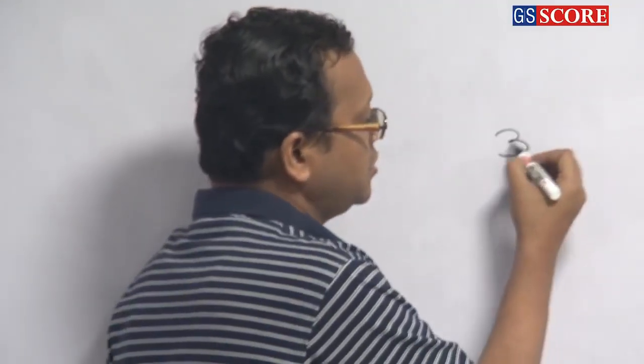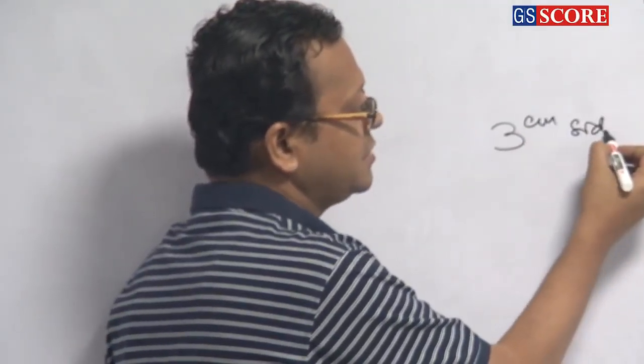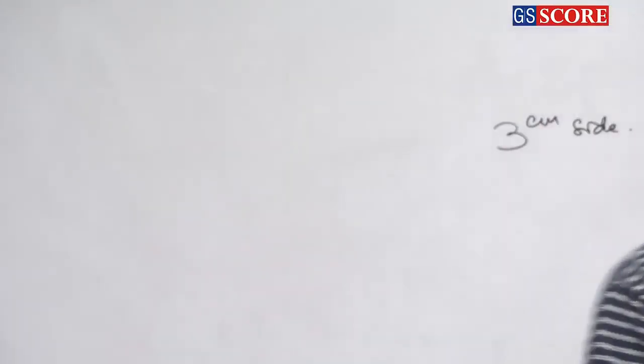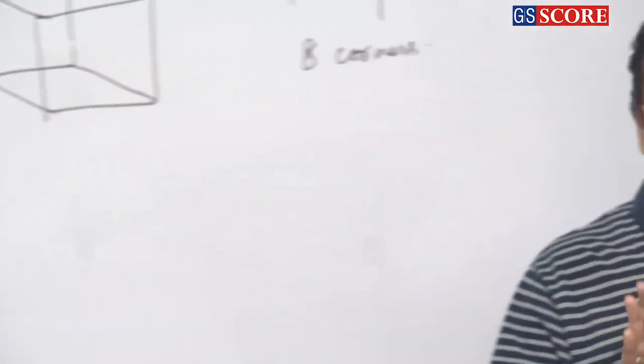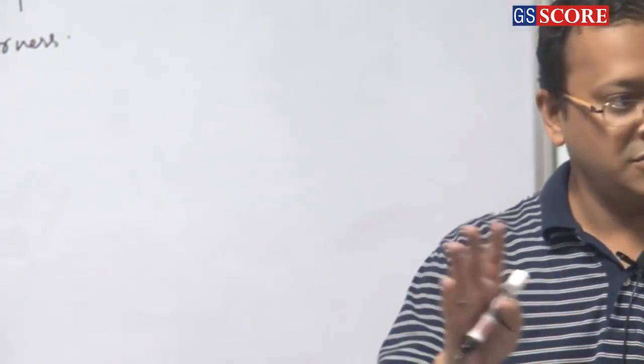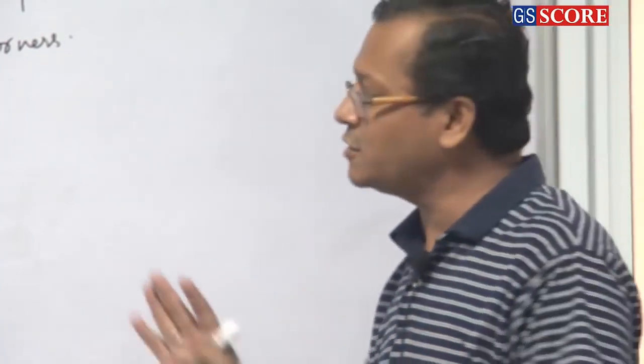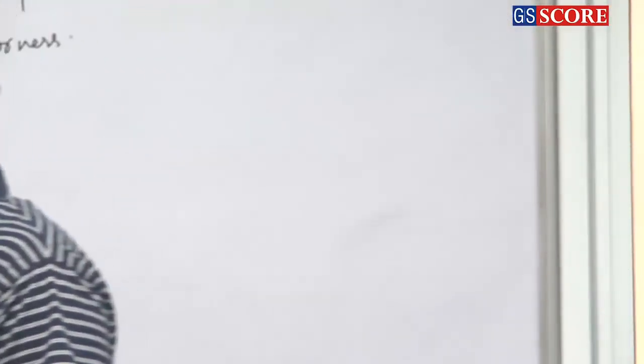Now questions, what kind of questions are asked? There is a cube of 3 centimeter side. The cube is a solid figure, 3-dimensional figure, right? There is a cube of 3 centimeter side. It is colored on all sides by red color. Clear or not? It is colored on all sides by red, all 6 sides, all 6 faces.